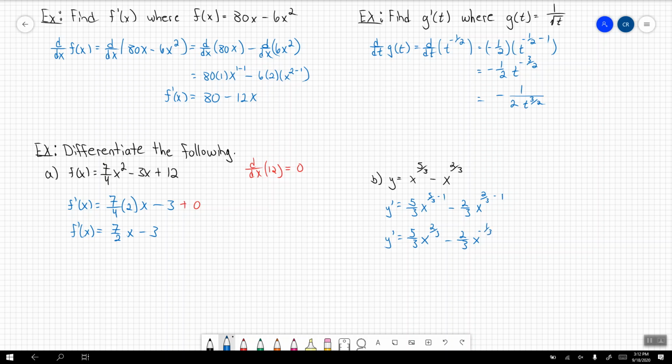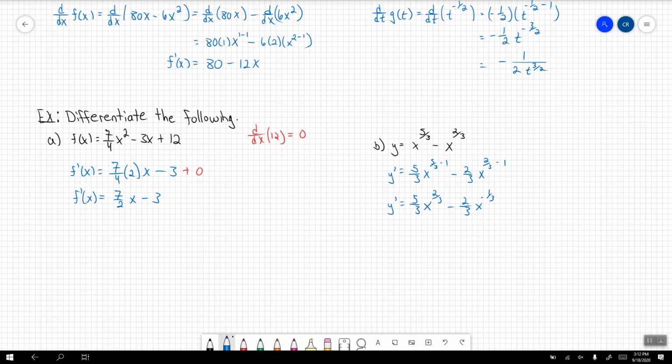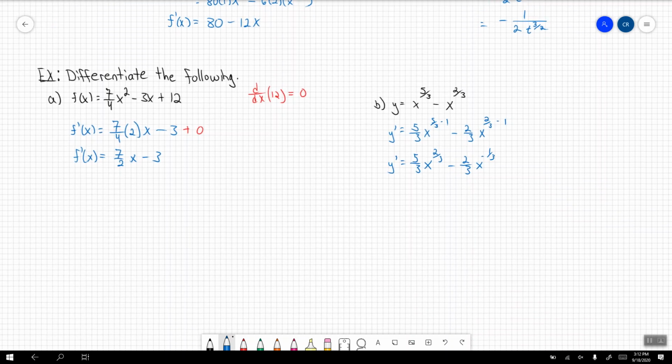Check that out, that's awesome. Now, typically in math, we don't like to be left with negative exponents. So what I'm going to do is I'm going to factor out x to the power of negative 1/3. And that's exactly what I'm going to do here. Okay, so I'm going to write that I need to factor out the term with the negative exponent. Factor the, let's say, GCF of x to the power of negative 1/3.